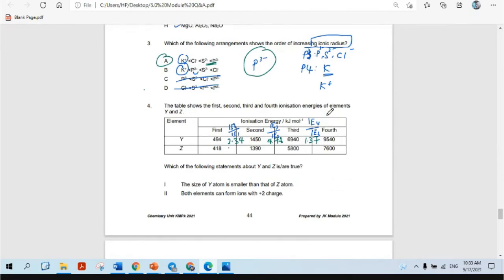Okay. Z. What is the value for Z? Avish, where are you? Take out your calculator and press it. Lokman. Kan sini ada Firdaus kan?